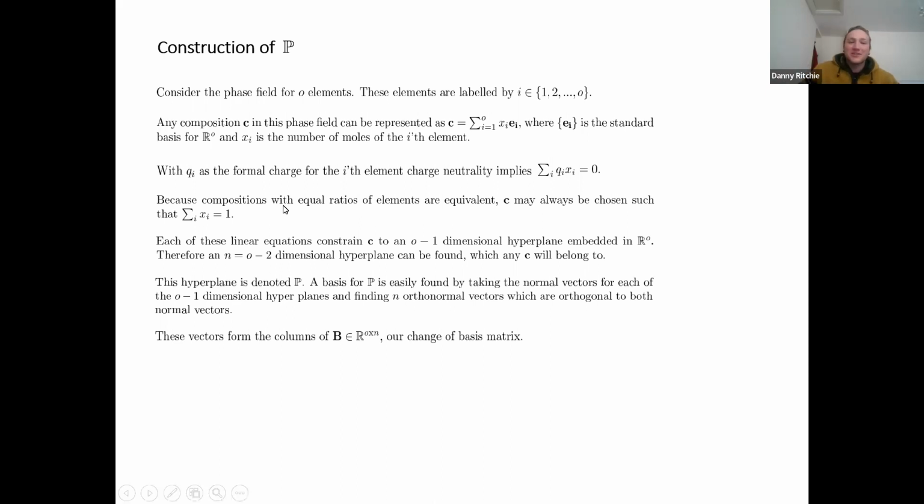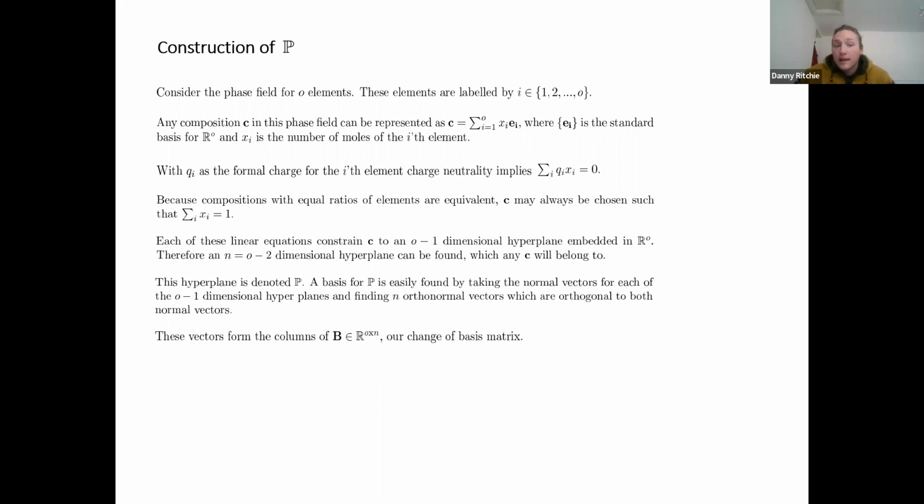So because compositions with equal ratios of elements are equivalent, C can always be chosen so that the sum of xi equals 1. So we have 2 independent linear equations. They will each constrain C to lie on an O-1 dimensional hyperplane embedded in R^O, and therefore an N equals O-2 dimensional hyperplane can be found, which any C will belong to.